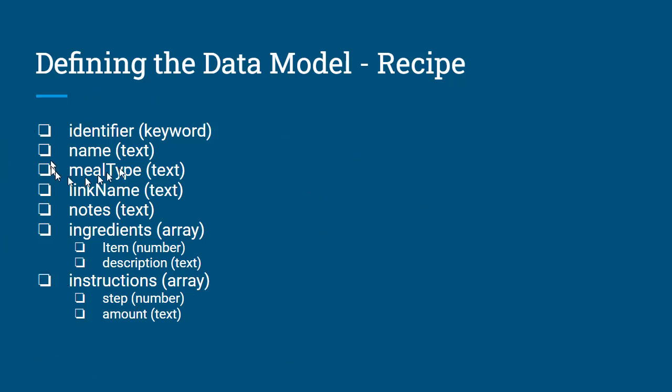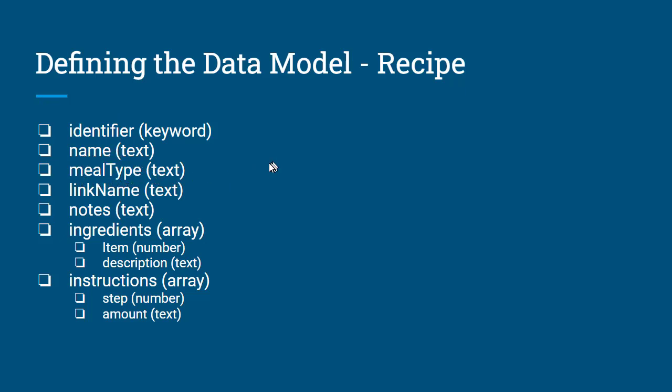So we're going to have a recipe index, and that index really represents documents for each recipe. And I need some sort of unique identifier. Each of these documents has a unique identifier that is created automatically. It's more of an internal one, but we will use this for various purposes.